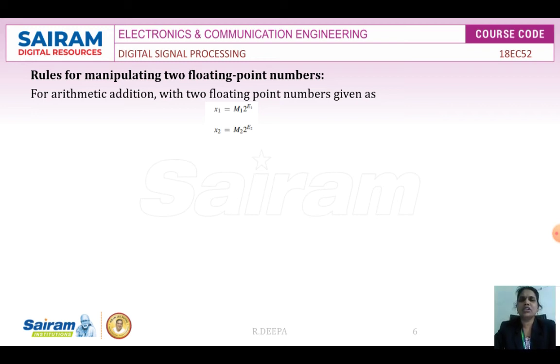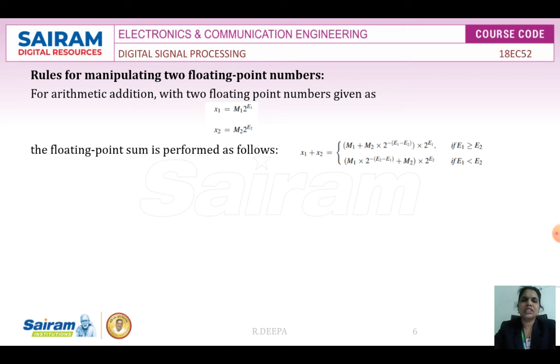Consider any two floating point numbers: x1, represented in floating point form as m1 into 2 power of e1, and the second floating point number, represented as m2 into 2 power of e2. Let us add these two, x1 and x2. This addition can be performed as follows, and it depends on the values of e1 and e2.